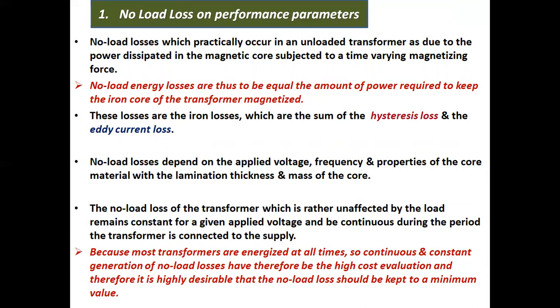These losses are the iron losses, which are the sum of the hysteresis loss and eddy current loss. No load losses depend on the applied voltage, frequency, and are proportional to the core material, lamination thickness and mass of the core.